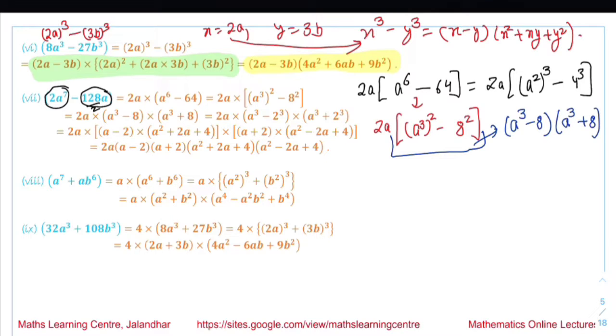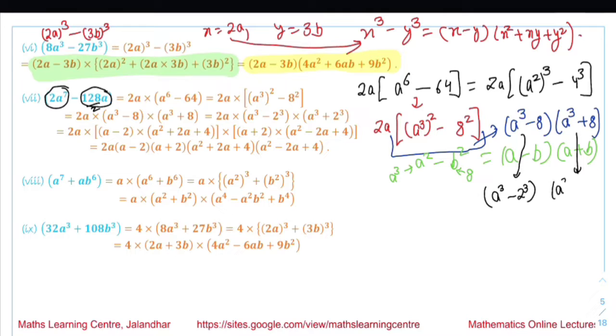The formula we are using over here is a square minus b square equal to (a minus b) into (a plus b). The value of a we are using is a cube and the value of b is 8. Now the first term is a cube minus 2 cube and the second term is a cube plus 2 cube.